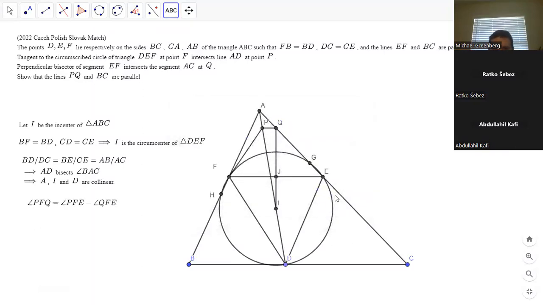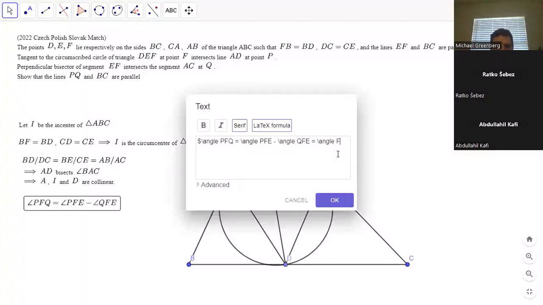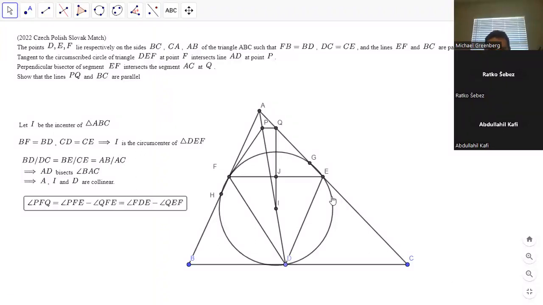And that is angle FDE minus angle QEF. Does that help? And we want to show that that's AFP. So AFP is like FDH.